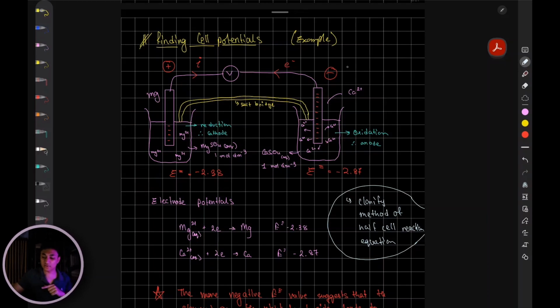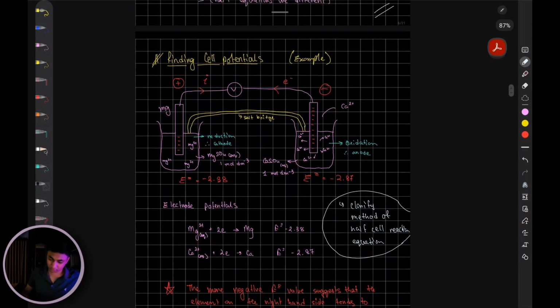We also have another electrode that is a calcium electrode, which is a calcium and calcium ion half cell, right? So we're going to see how we can find the cell potential of this entire cell using the electrode potential of each of these half cells, right?